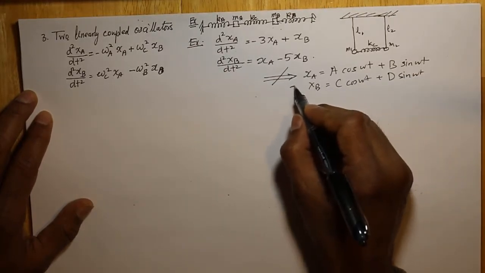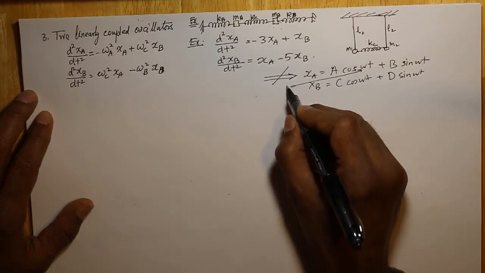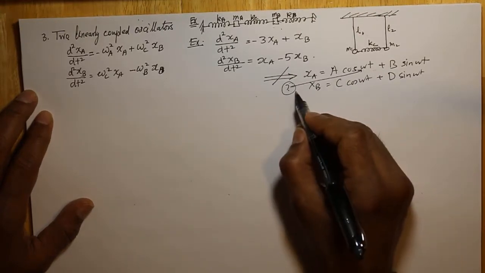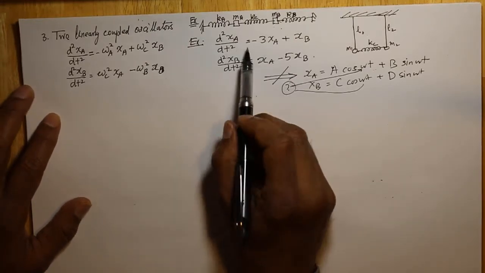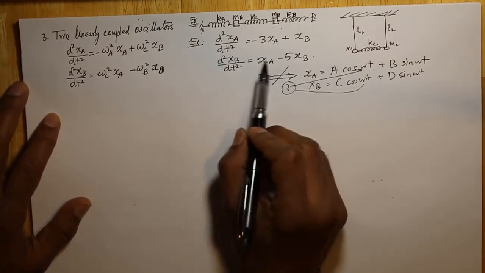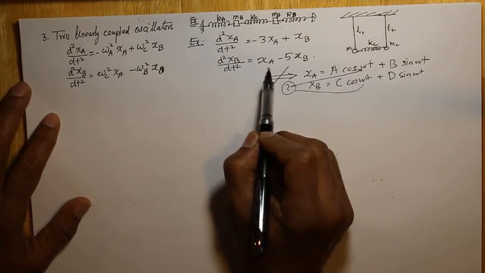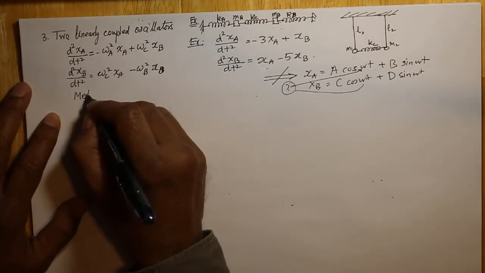The question is, because we don't have these omegas, you have a problem. It turns out, because this is a linear system, we can do what is called the method of normal modes.